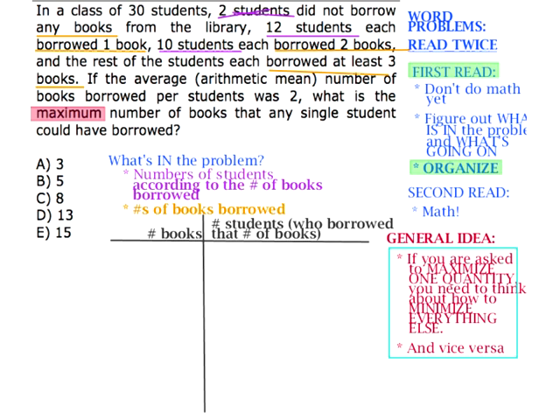So, maximizing here, what are we maximizing? Well, we're maximizing the number of books that any student could have borrowed, which means one student.